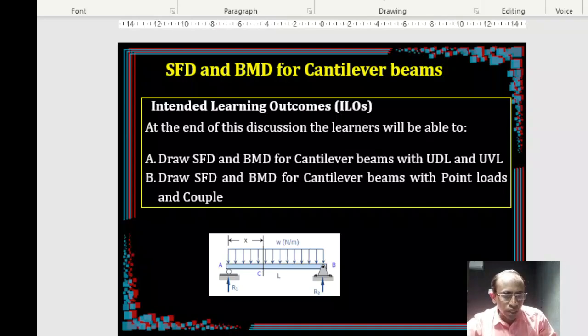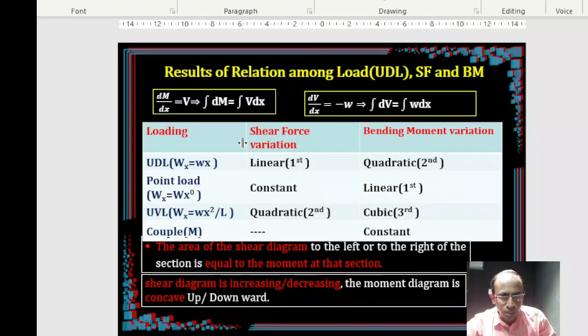So the conclusion of that concept is that the rate of change of bending moment is nothing but the shear force. Another way of saying it is, the difference between the bending moment ordinates at two different points is equal to the area of the shear force diagram between those two points.